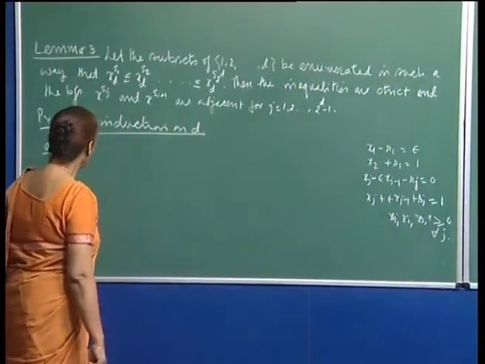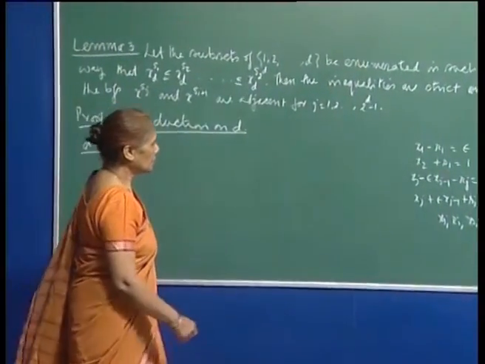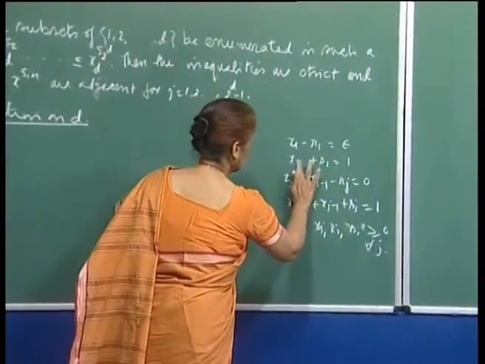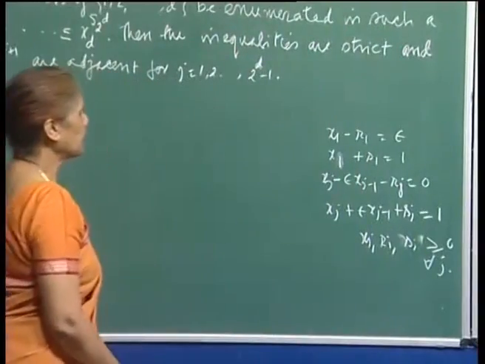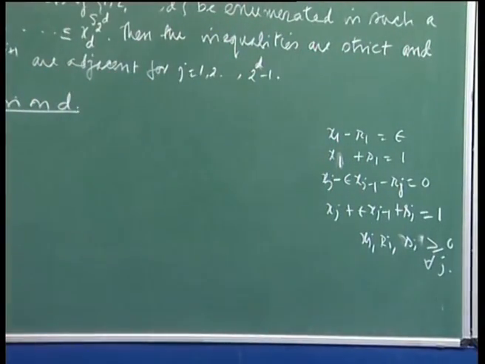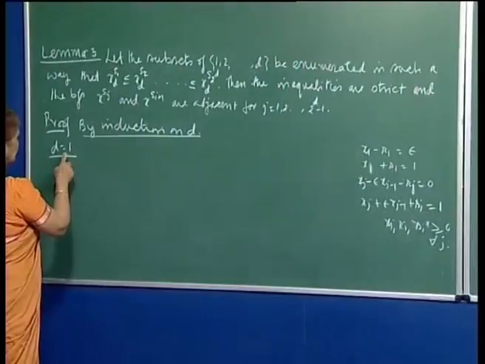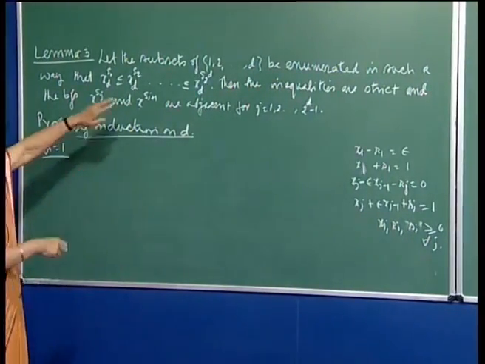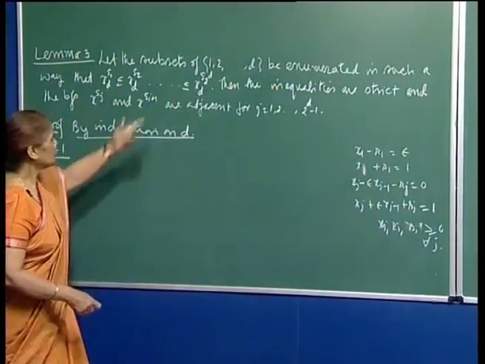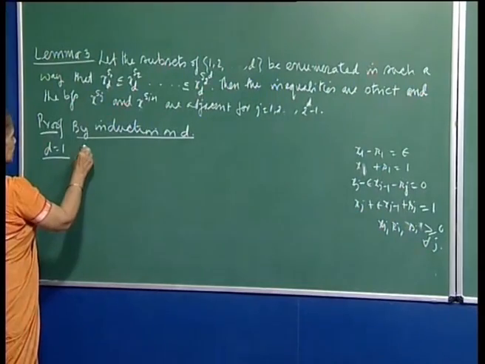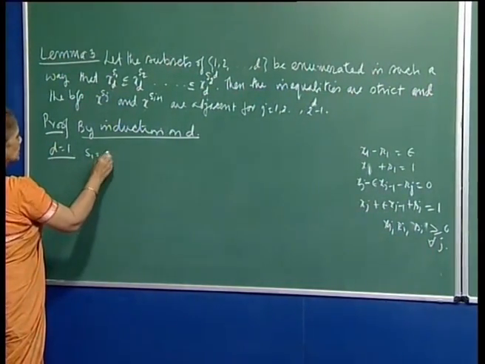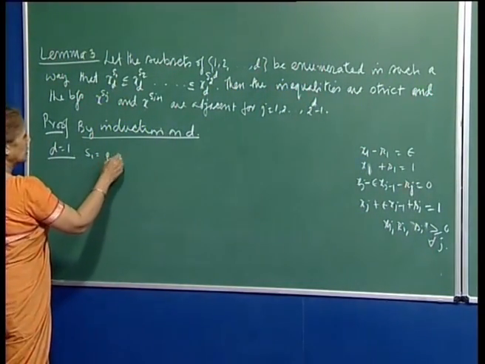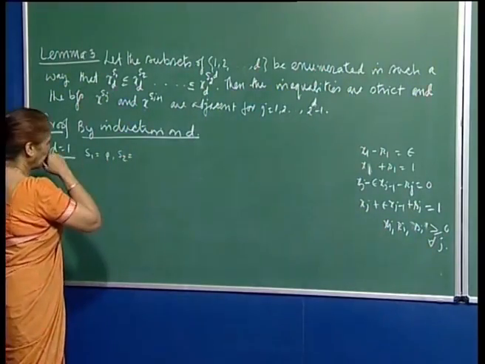For d equal to 1, you have only x1. Your set has only one element, so what are the two possible subsets? S1 is the empty set, and S2 is just the set containing 1.